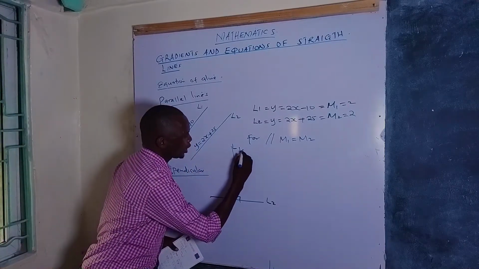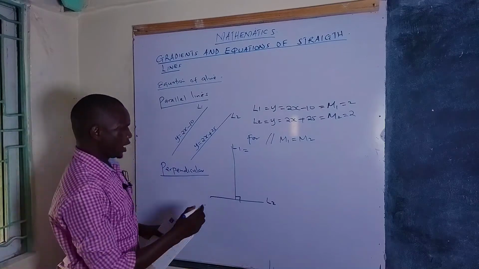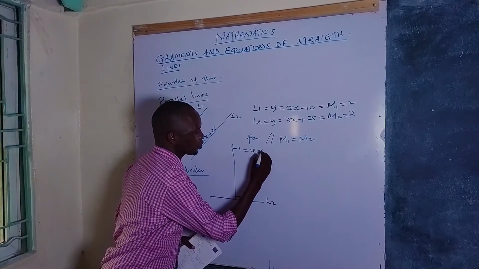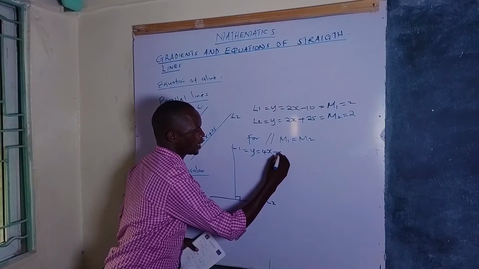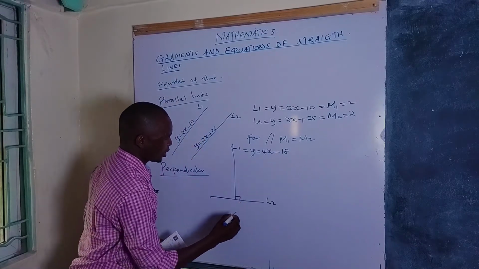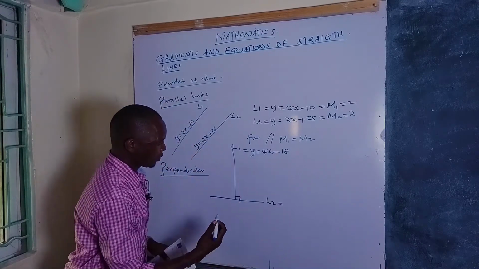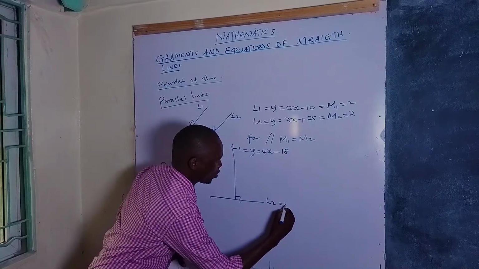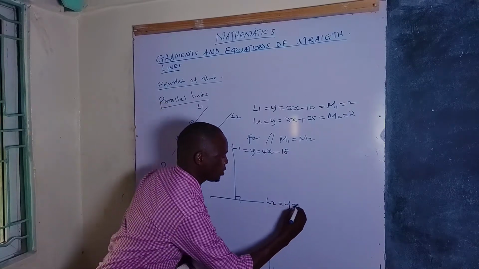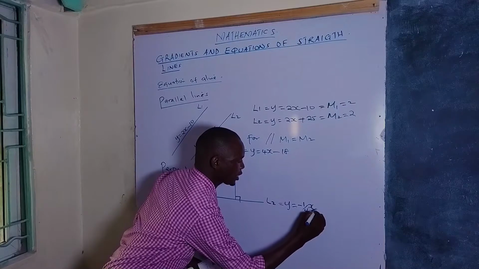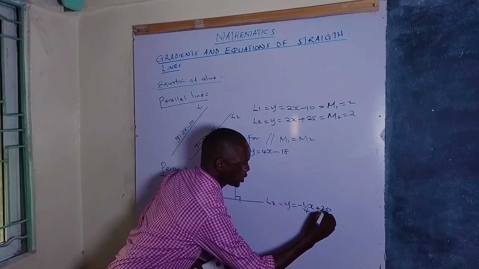Assuming the equation of line 1 has been given as, for example, y equals 4x minus 18, and line 2 has been given, for example, as y equals negative a quarter x plus 20.